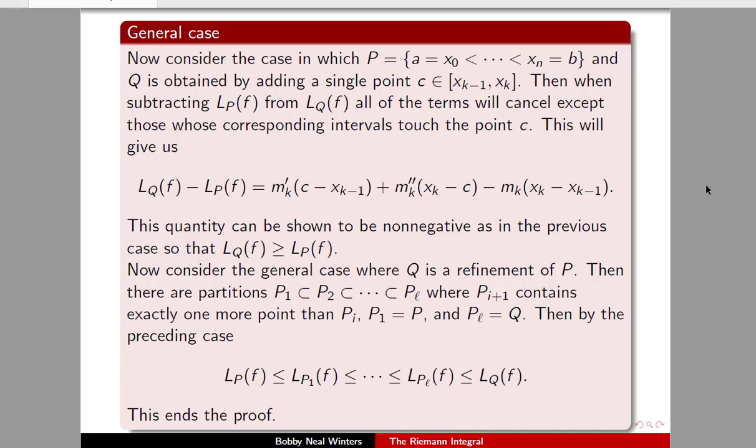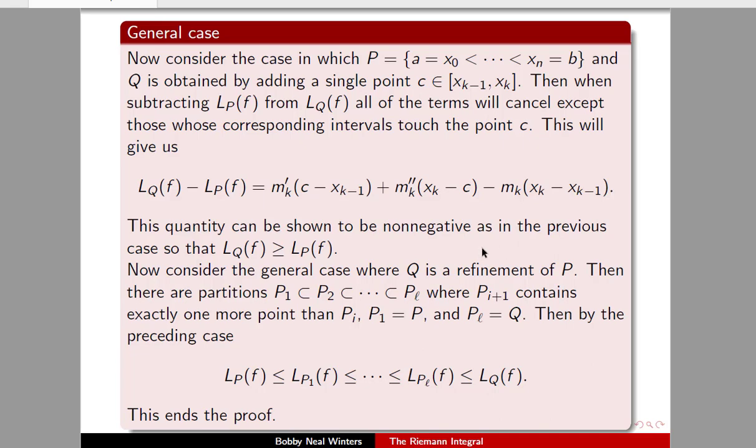Then when we subtract L_P from L_Q, all the terms will cancel except those from the corresponding intervals that touch the point c, and this will give us L_Q(f) minus L_P(f) equal to this expression that you see here, and this is exactly just the special case we just proved.